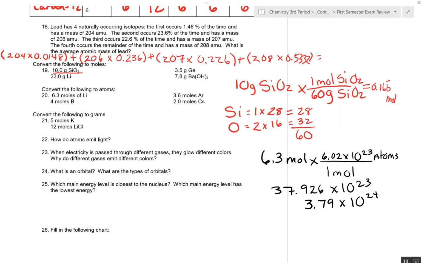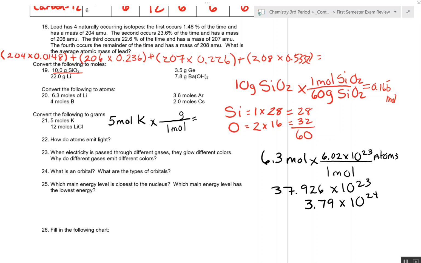And the last conversion here is moles to mass. So I got 5 moles of K. And when we went grams to moles, we divided. So going moles to grams, we're going to multiply. How much does K weigh?